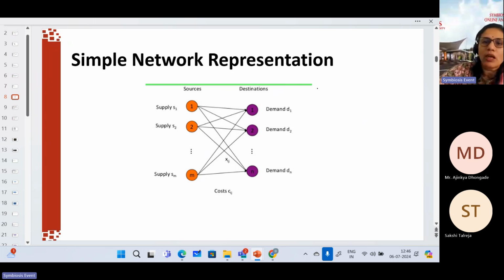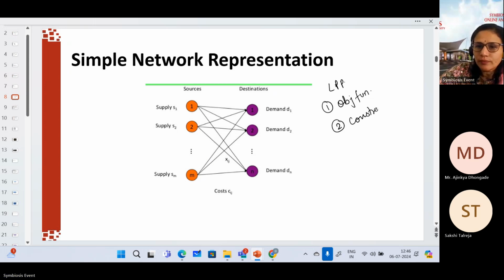If you remember, in our LPP we have three major parts. Number one, what is my objective function? Second is my constraints, my limitations. And while doing the constraints, we say the decision variables are going to be non-negative. What is the meaning of non-negative?